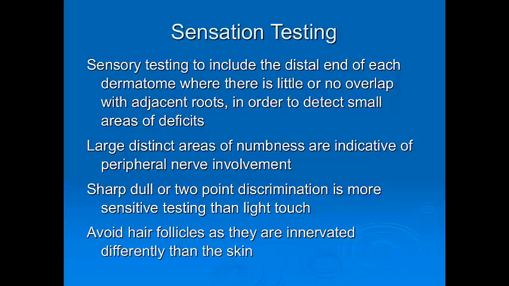A large, distinct area of numbness is indicative of a peripheral nerve injury and is usually easy to identify. Sharp, dull, or two-point discrimination is more sensitive than light touch. Special care needs to be taken to avoid disturbing hair follicles, as they are different receptors.